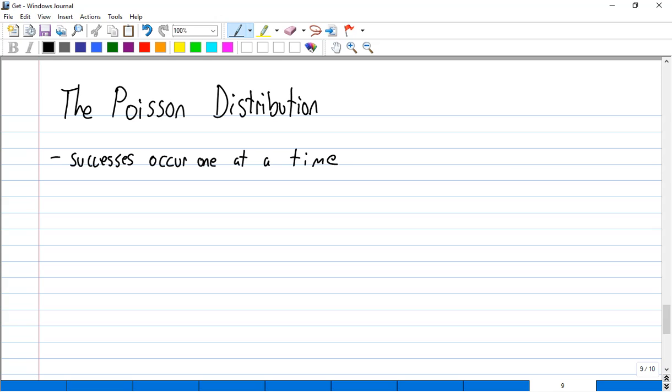All right, the main difference is we're going to be looking at situations where we don't have a countable total number of successes, because we're going to be looking at things like time.